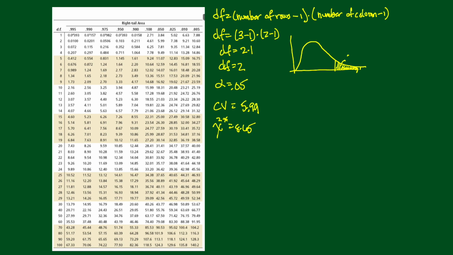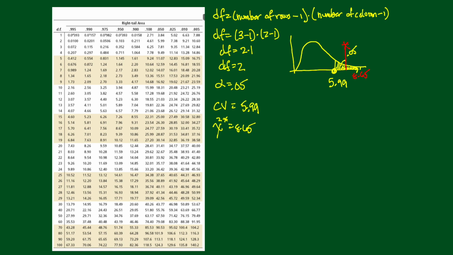So that area is 0.05, and our critical value here is 5.99. Our computed value is the 8.65. So here's 0. Here's 5.99. 8.65 is out here in the shaded region.